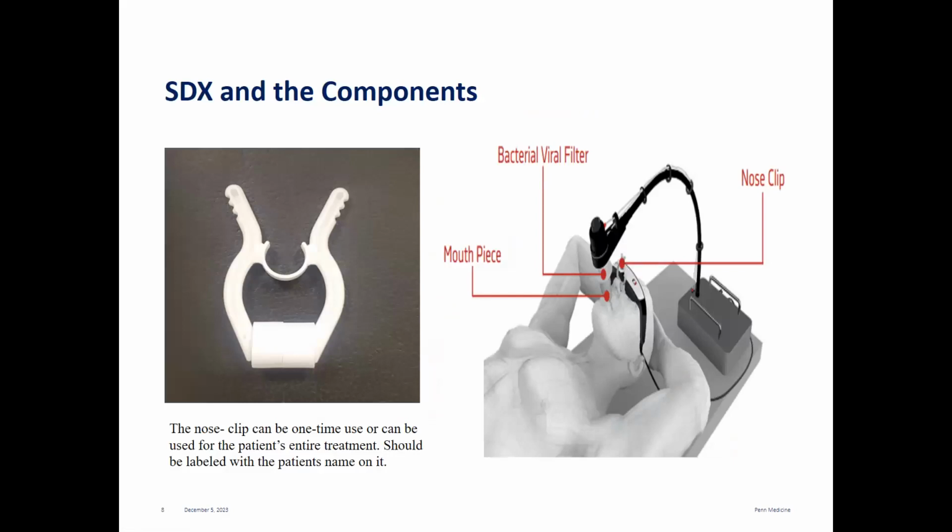The nose clip can be a one-time use or can be used for the patient's entire treatment. But if you use it for the patient's entire treatment, it has to be properly stored in a basin or a small baggie, labeled with the patient's name and date of birth, and stored with the other devices that the patient may have.